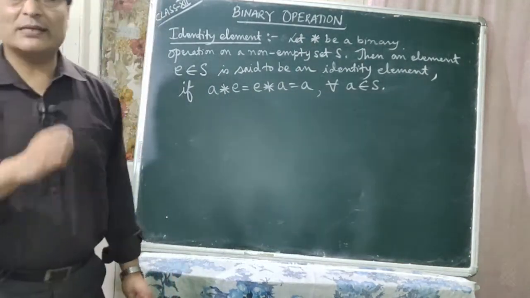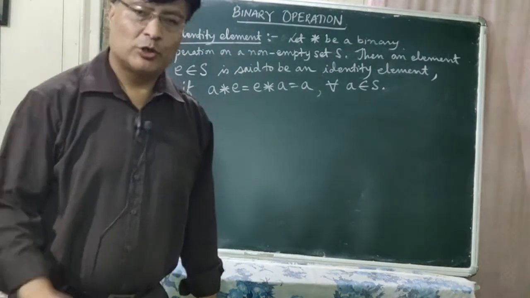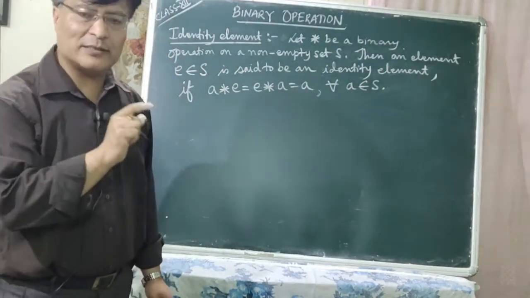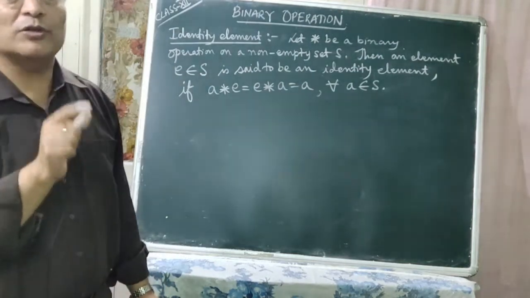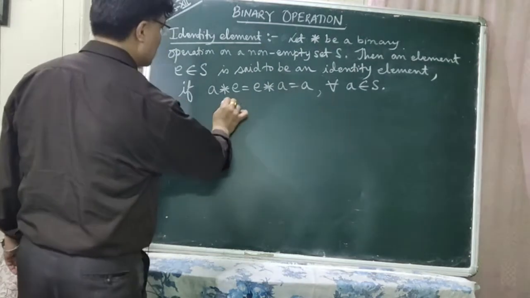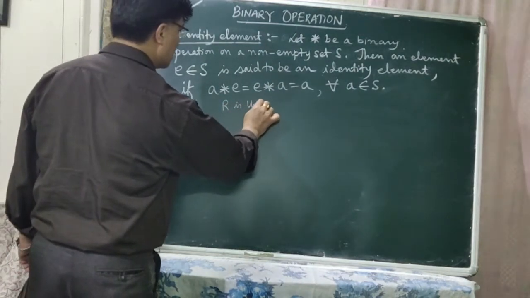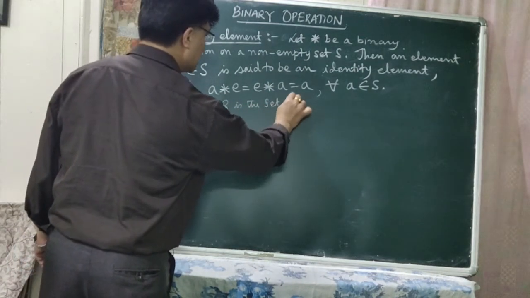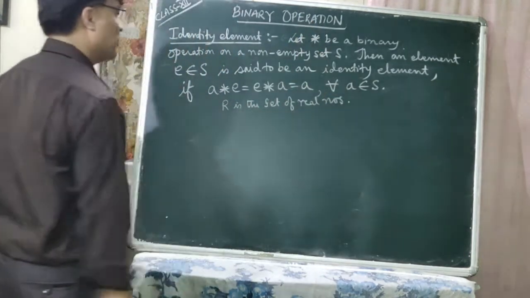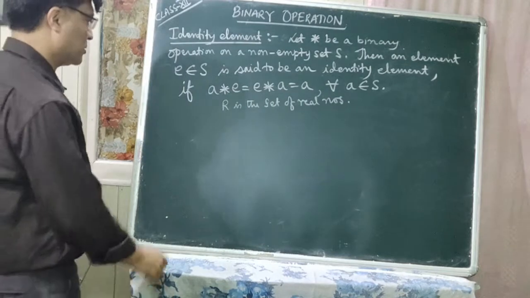So now let us take an example. You know that addition is a binary operation on the set of real numbers. Suppose R is the set of real numbers.